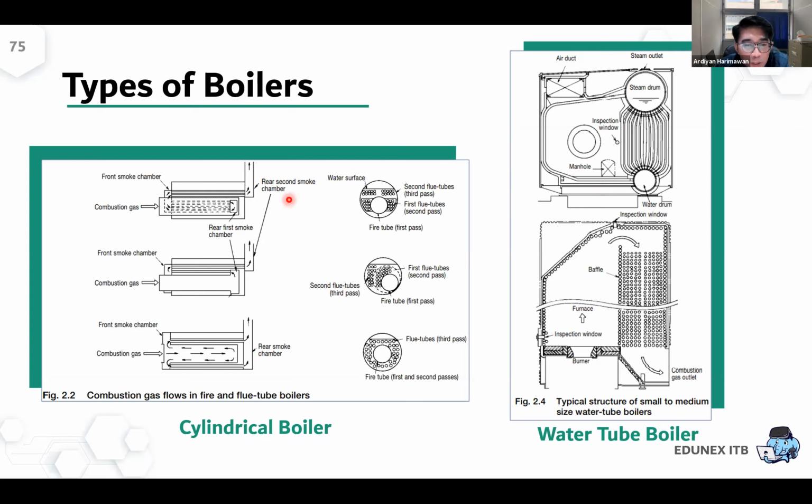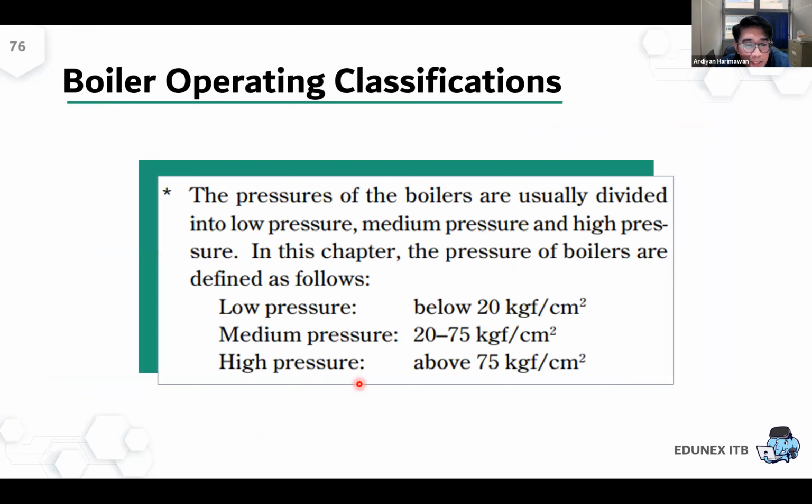Now, about the design of the boiler, because we have different types of boilers. Basically boilers are classified into three different operations depending on the pressure: low pressure, medium pressure, and high pressure.